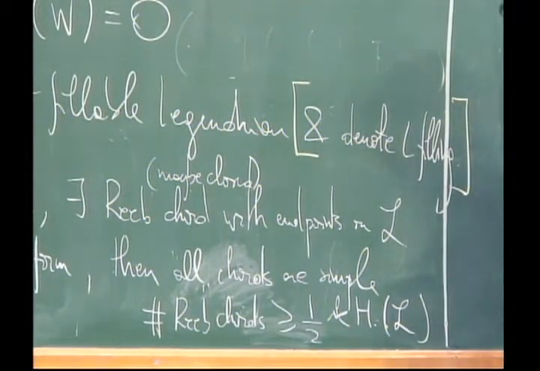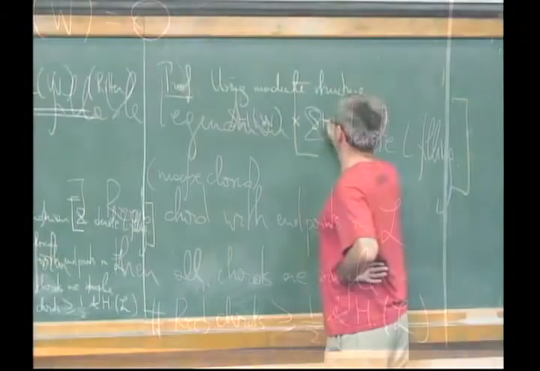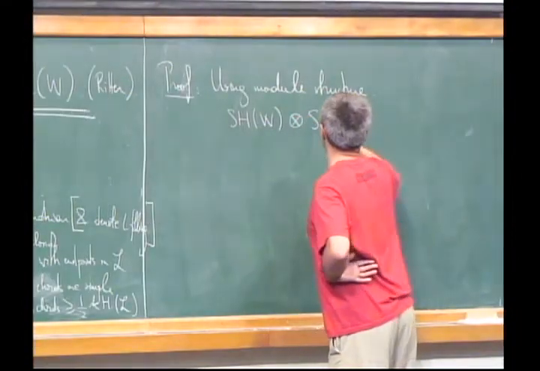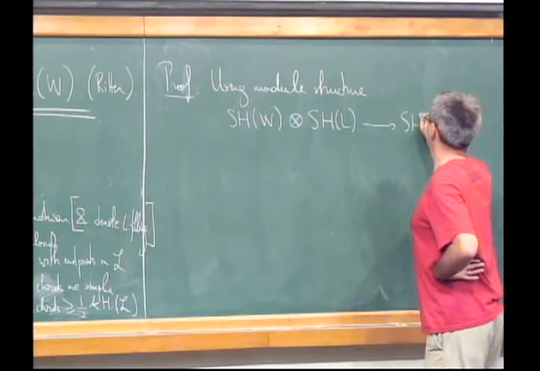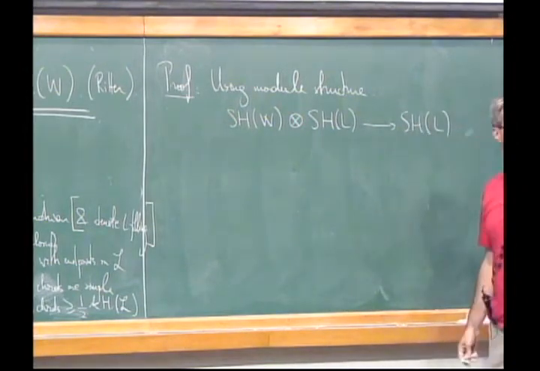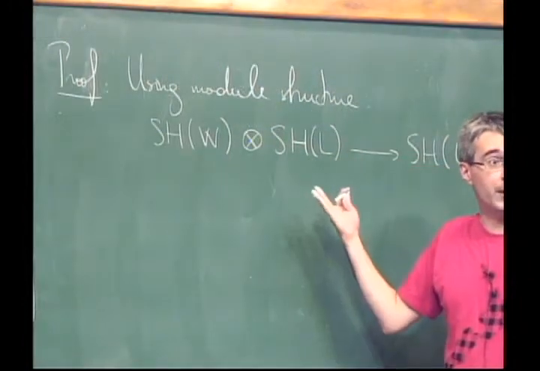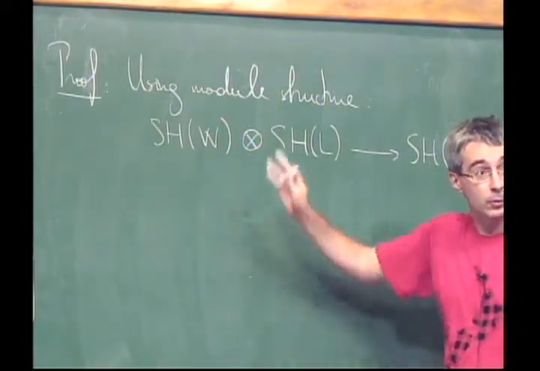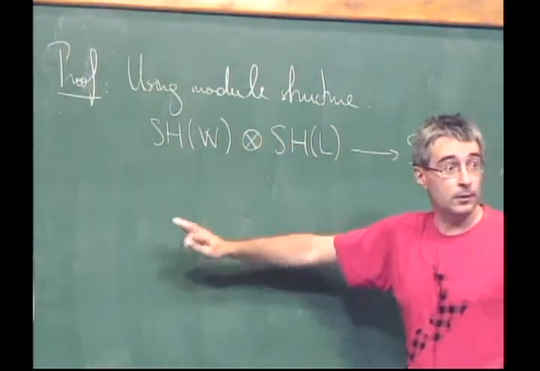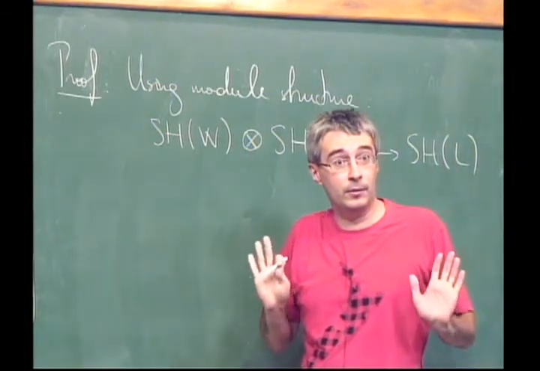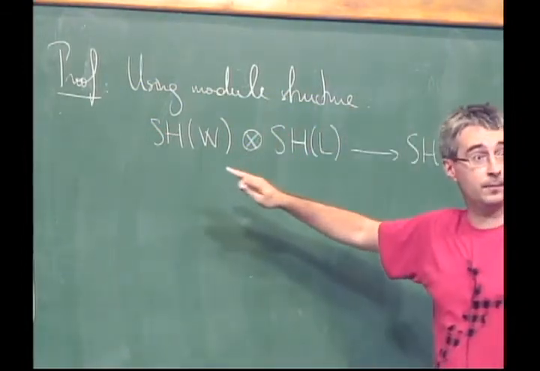Module structure means that I have an operation of this kind. You're going to say this guy is 0. That's what it is. Let's pretend we do not know that it's 0. This operation is there.